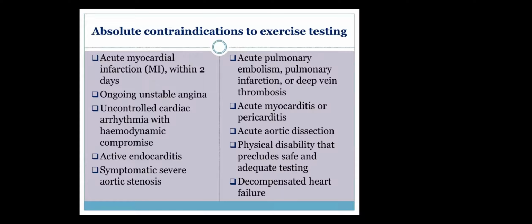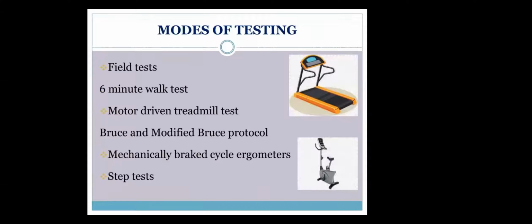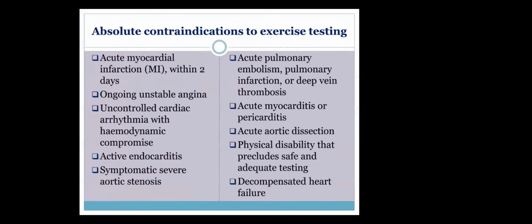Absolute contraindications include acute myocardial infarction within 2 days, ongoing unstable angina, uncontrolled cardiac arrhythmia with hemodynamic compromise, active endocarditis, symptomatic severe aortic stenosis, acute pulmonary embolism, pulmonary infarction, or deep vein thrombosis, acute myocarditis or pericarditis, acute aortic dissection, physical disability that precludes safe and adequate testing, and decompensated heart failure.